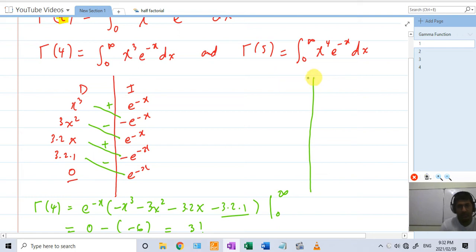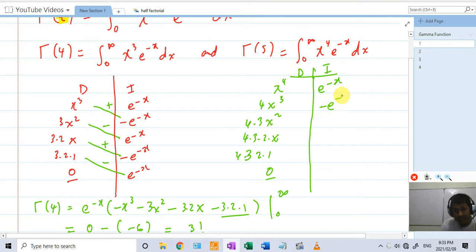So DI method, differentiate, integrate. So x to the power 4 and e to the power negative x, so 4x cubed, 4 times 3 x squared, 4 times 3 times 2 x, 4 times 3 times 2 times 1, and then 0 here.